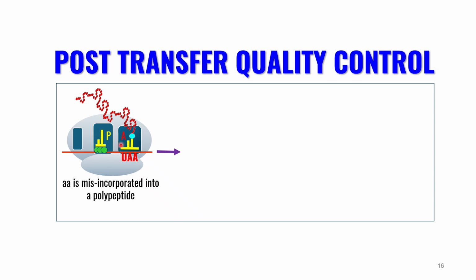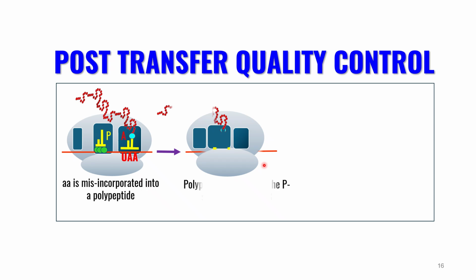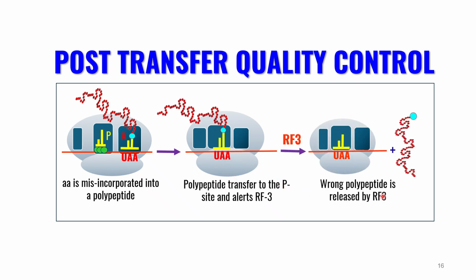However, for some unknown reason, the amino acid tRNA has entered here and has elongated the chain. However, when the chain is transferred to the P site, then release factor 3 releases this wrong, faulty polypeptide, which is removed by hydrolysis. This is called post transfer quality control, and this is conducted by release factor 3.